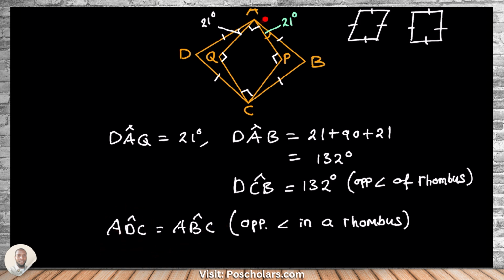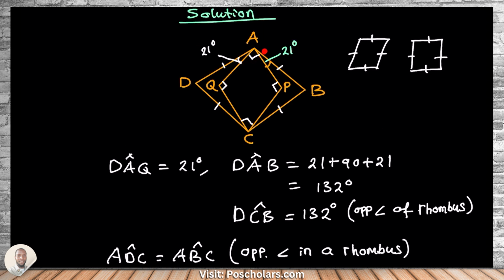Now we'll come back to the diagram. We already know the value of this angle and this angle. We are left with the value of this angle and this angle. Another property of a rhombus, or quadrilateral generally, is that the sum of all its angles equals 360 degrees. So we sum up each of these angles and equate it to 360.